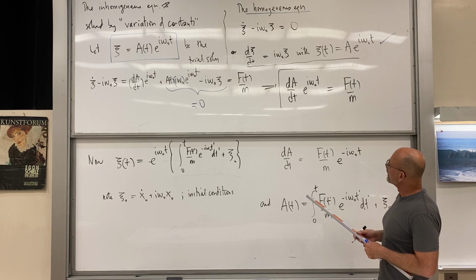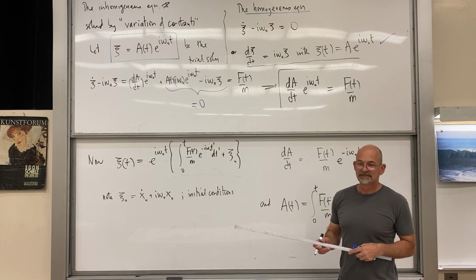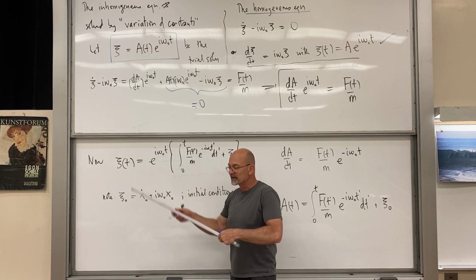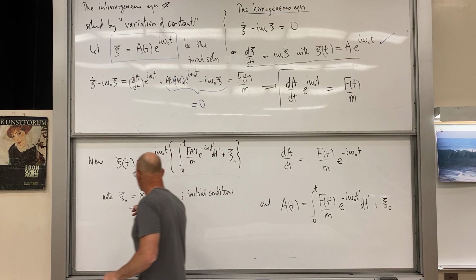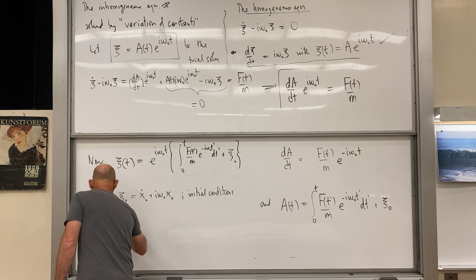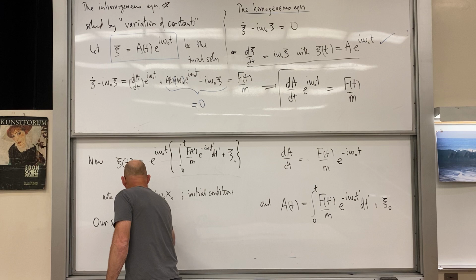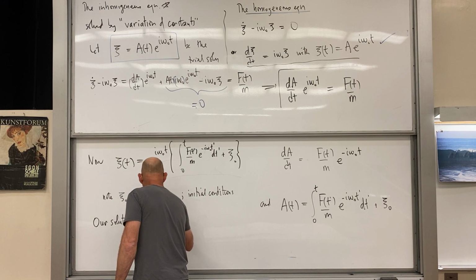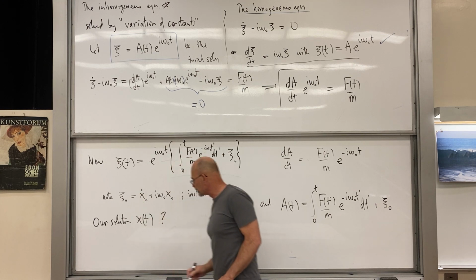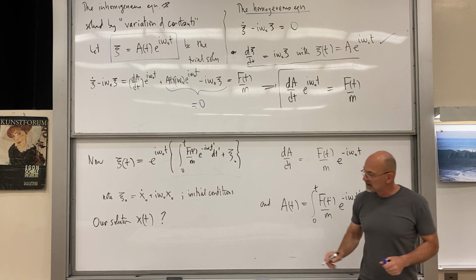You might be wondering, well, where's x of t? We set out to find x of t, and now we have this complex number. So our solution, x of t, question mark.